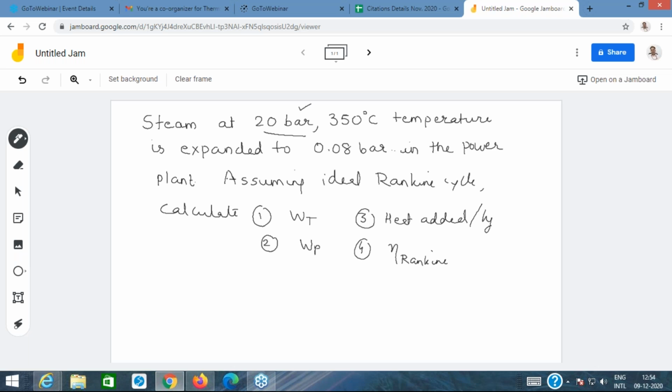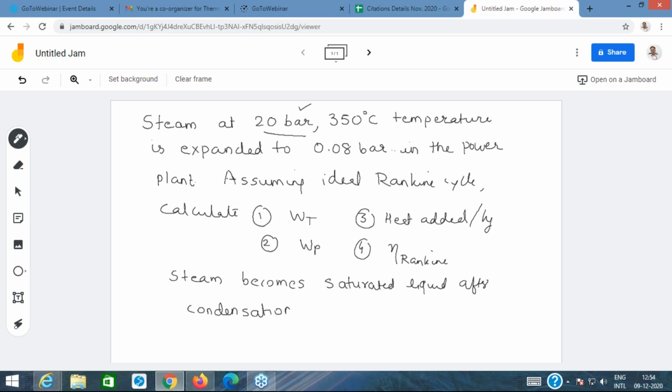You need to assume that the steam becomes saturated liquid after condensation, that you have to assume.